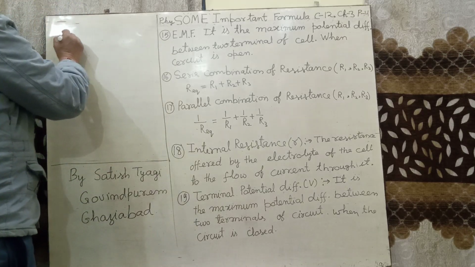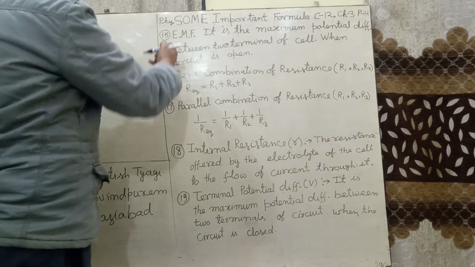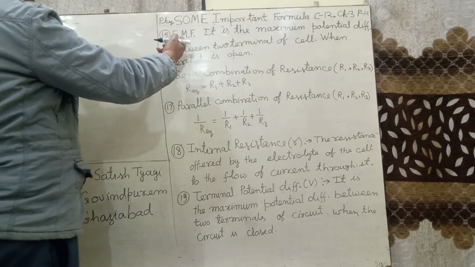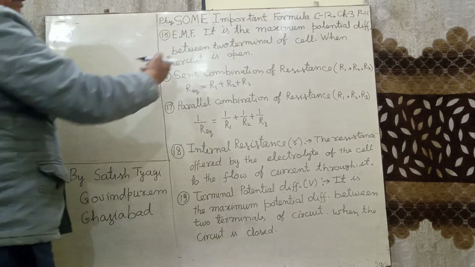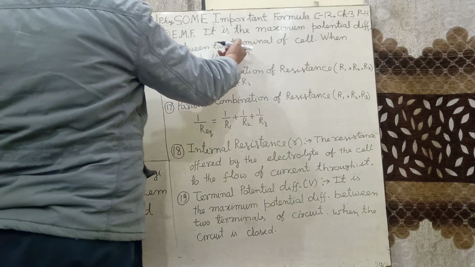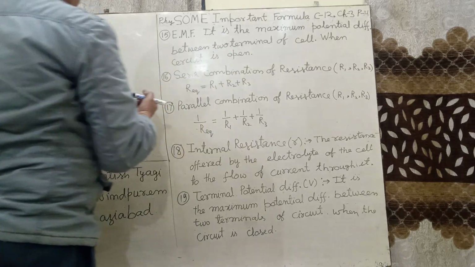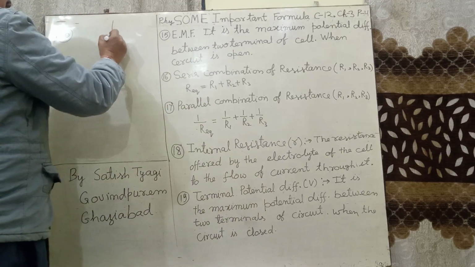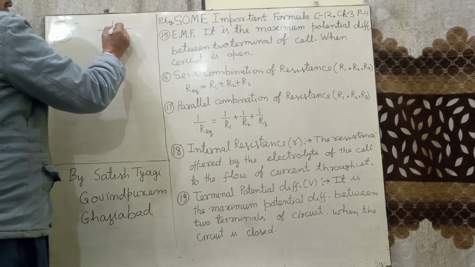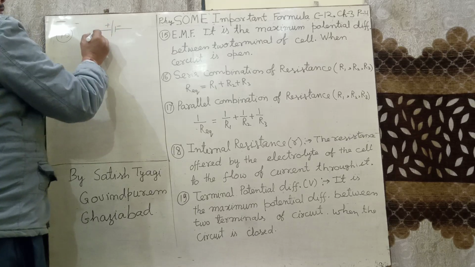What is EMF? Electromotive force. EMF means electromotive force. It is the maximum potential difference between two terminals of the cell when the circuit is open. Suppose this is a cell. This is the negative terminal. This is the positive terminal.